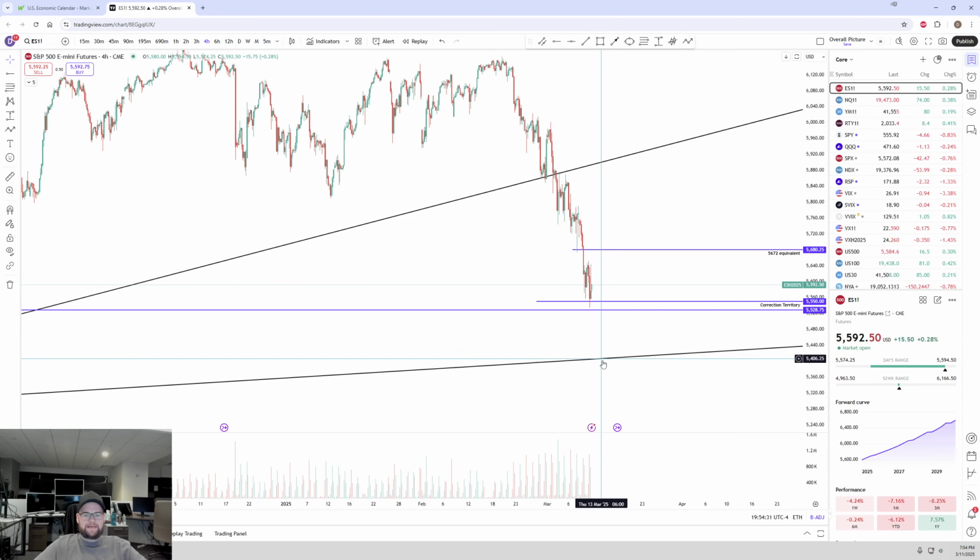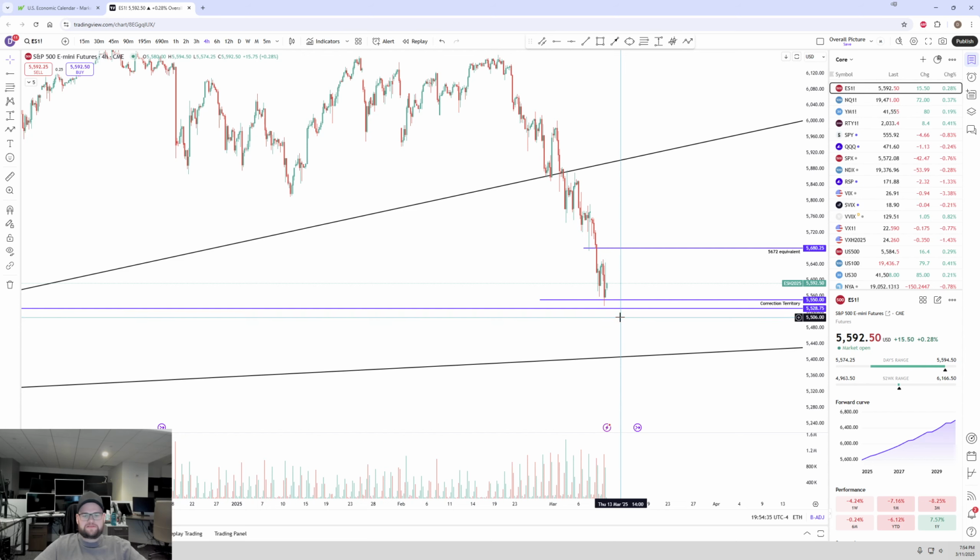And the risk reward is horrendous. So it's better to wait for these areas to break down and then retest, as opposed to initiating on sell-offs.